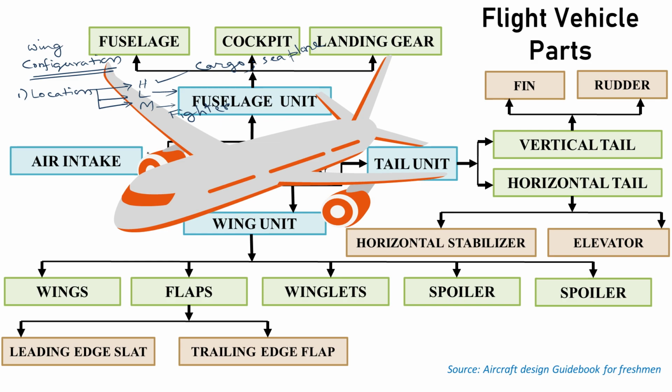Anyone? Passenger aircraft. Yes, it can be. It can be a business jet, any kind of passenger jet. Mostly, again, it varies because there are different types of designs and configurations. So you have to remember these locations and positions.